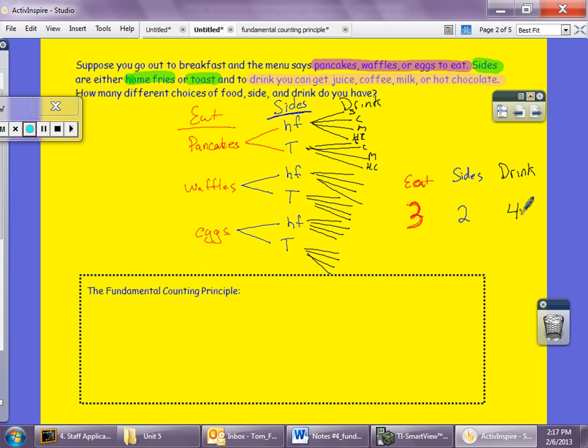So instead of trying to write all these out, when you can't even read what the drink is and we don't have enough space, what we're really doing is multiplying all these together. We know that 3 times 2 is 6, 6 times 4, so there are 24 different options. And that is what the fundamental counting principle means.